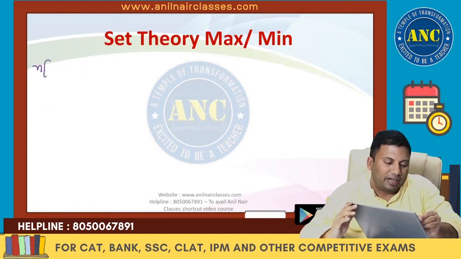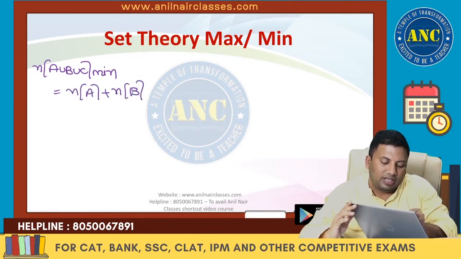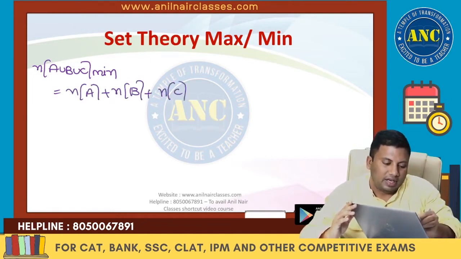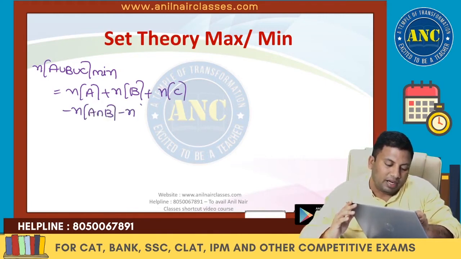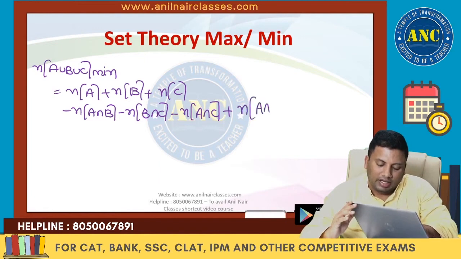We have to find out n of A union B union C minimum, which is nothing but n of A plus n of B plus n of C minus n of A intersection B minus n of B intersection C minus n of A intersection C plus n of A intersection B intersection C.